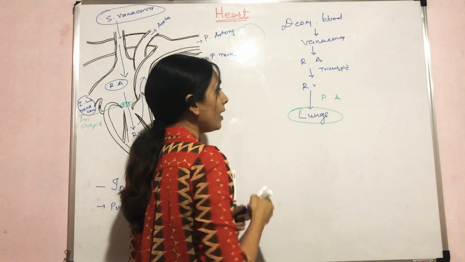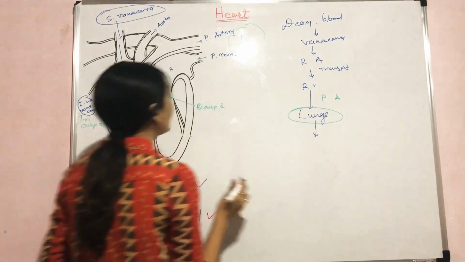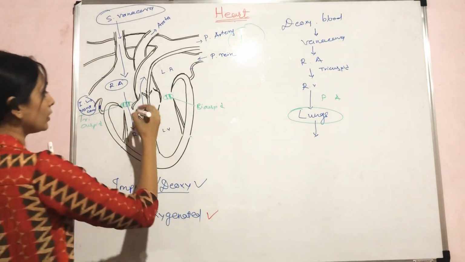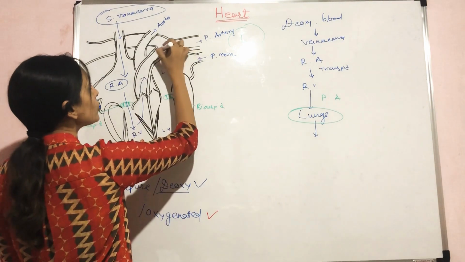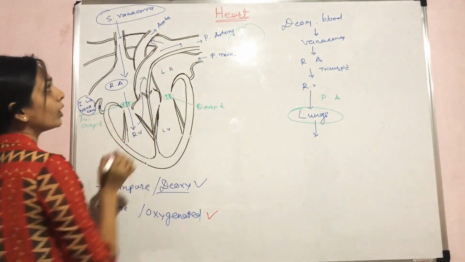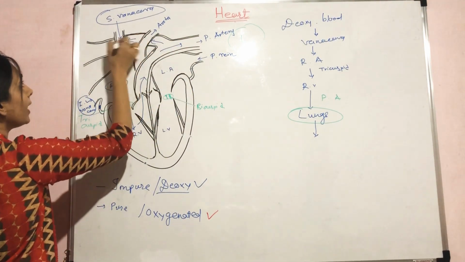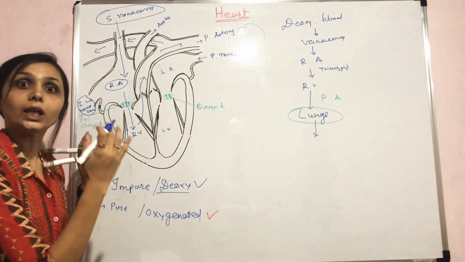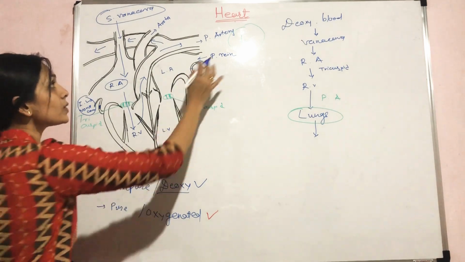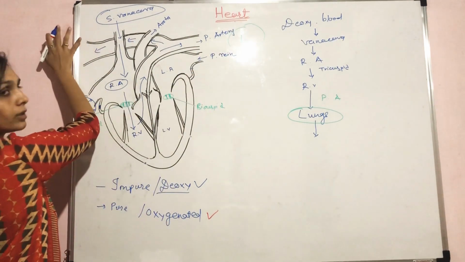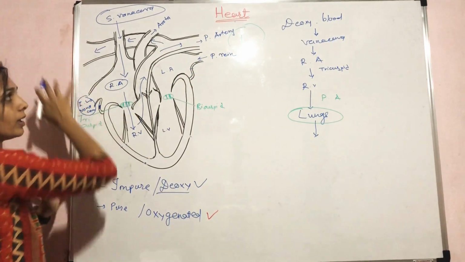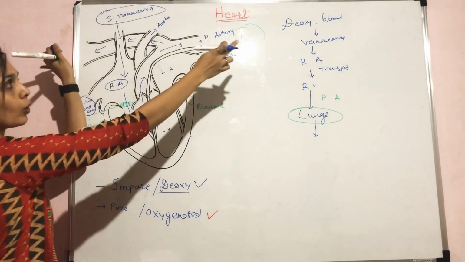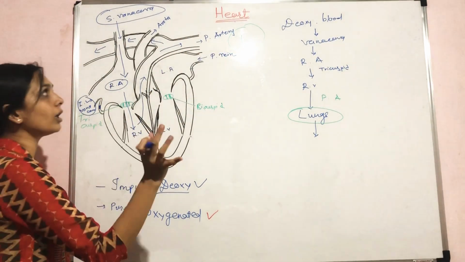I told you that the heart is between 2 lungs. So this is one lung, and just imagine there is another lung. The blood will flow like this, going only into the lungs.